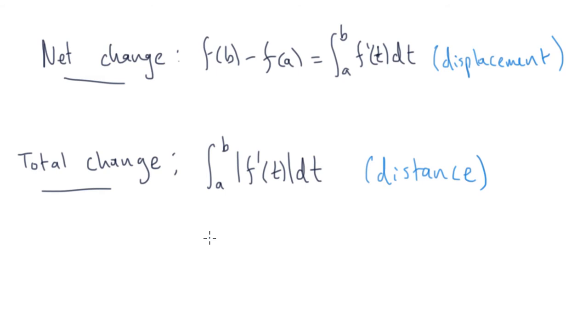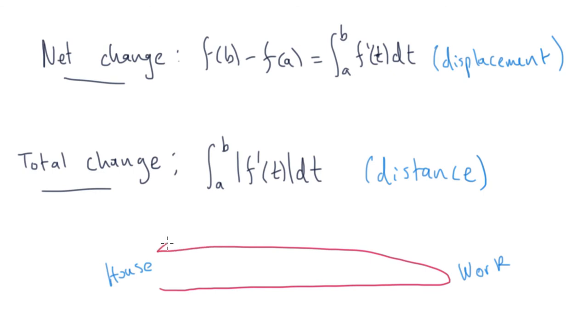But what I need to consider is the following. Let's say I start at my house and I go to work and then I come back. So I travel a path like this. Okay, so I start here, I go to work, and then I come back to my house. Now my displacement is 0, right?